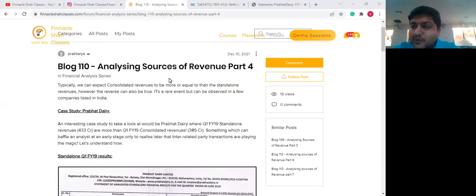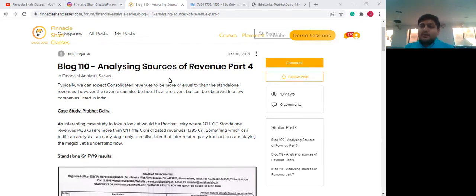While doing so, we also studied how to read related party transactions and use those data points to picture how the business is functioning across different entities, which fall not just in the umbrella of the consolidation, but also promoter related entities.